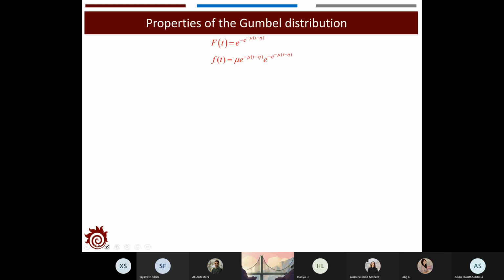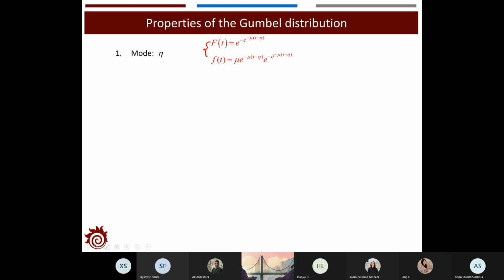And now let's see some good features of the Gumbel distribution that we can use to derive the discrete choice model. These two will be the PDF and the CDF of the Gumbel distribution. For the Gumbel distribution with parameters eta and mu, the mode is eta.